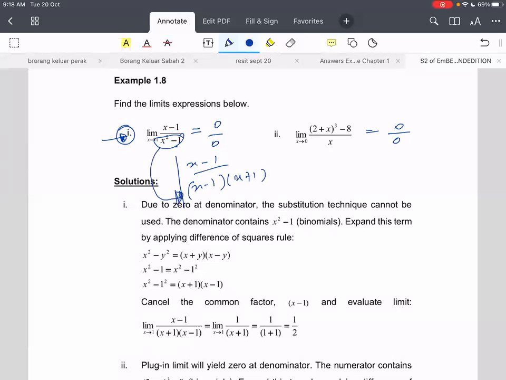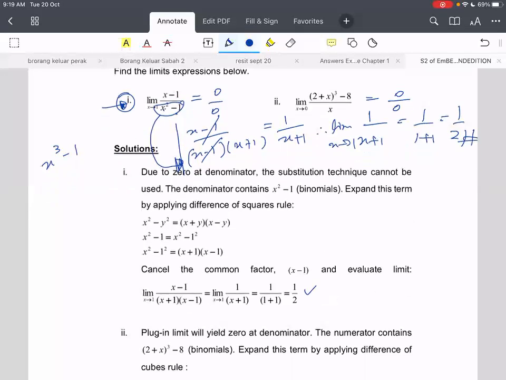This is similar to our first example tadi yang x cube minus 1 tadi tu kan. So this one only x squared minus 1. So you can cancel out this. So it becomes 1 over x plus 1. So you can put your limit 1 over x plus 1. It will become 1 over 1 plus 1. So 1 over 2. So that is the answer.